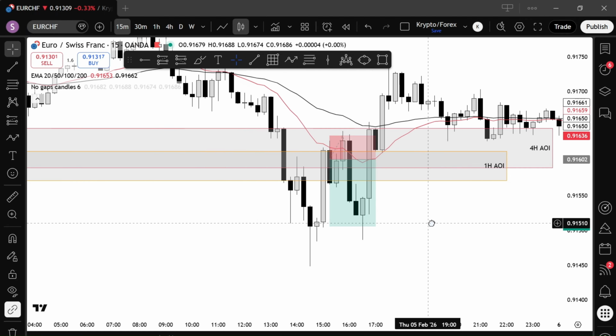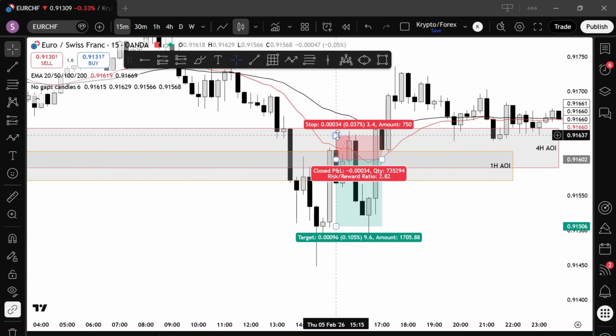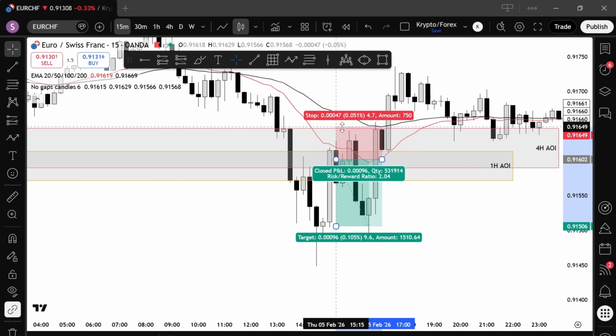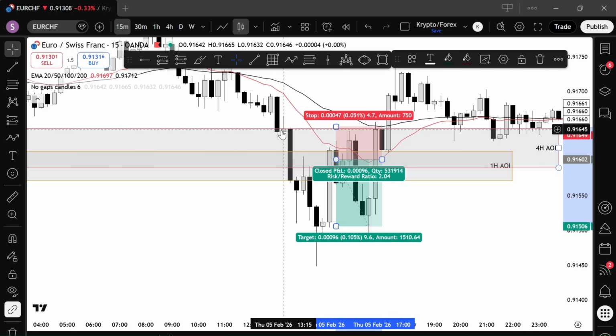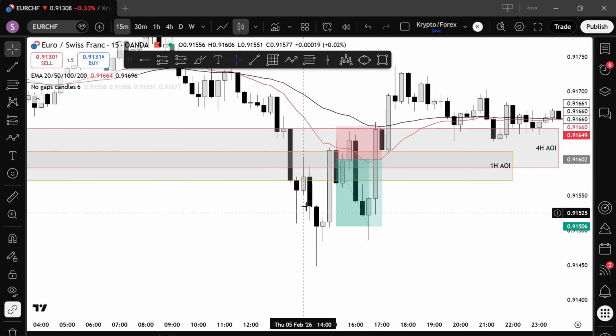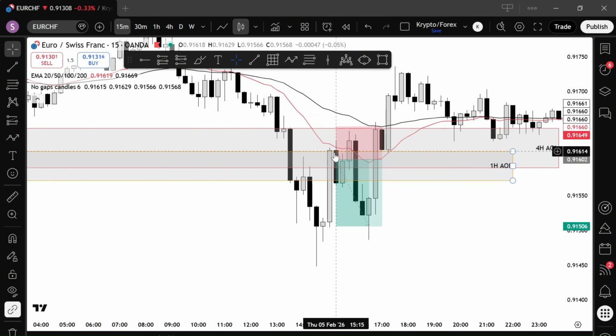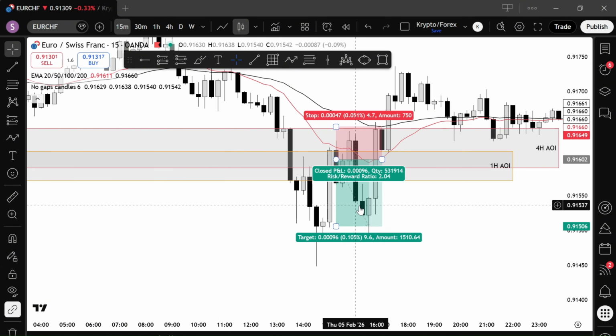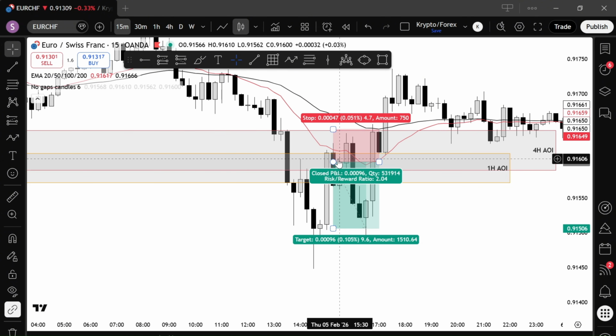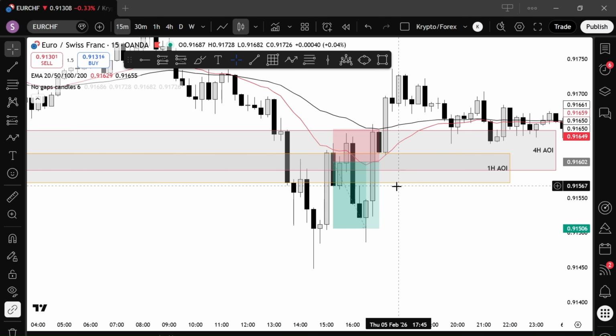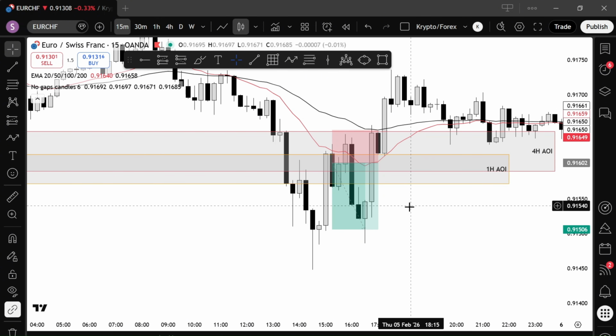So yeah, let's head right into it. As you can see, at the beginning, I had my stop loss over this little structure area. We came into the area of interest and I wanted to sell off of this area of interest.